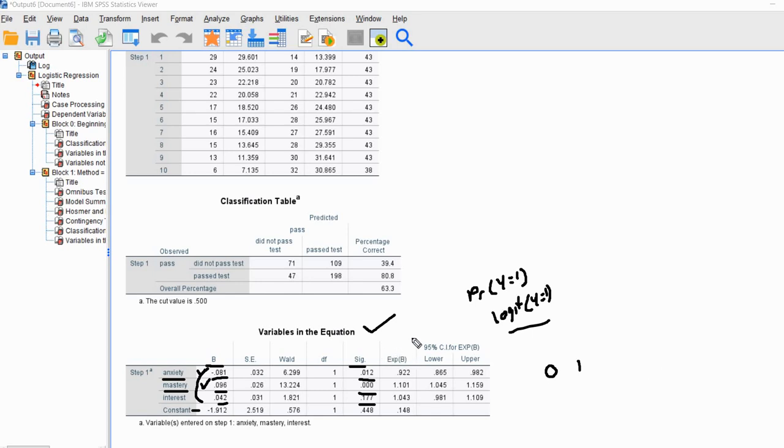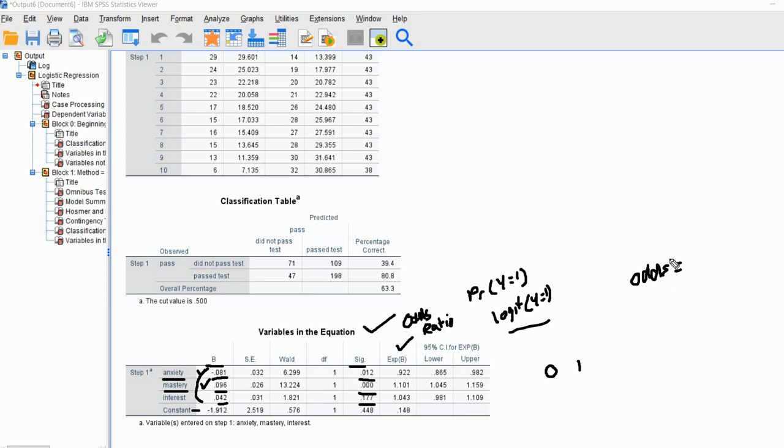Next, if we look at this column right here, these are referred to as odds ratios. The reason why we are talking about this is that it provides another way of communicating about the relationship between our predictor variables and the outcome. So think about it this way: odds are computed as a ratio of probabilities.